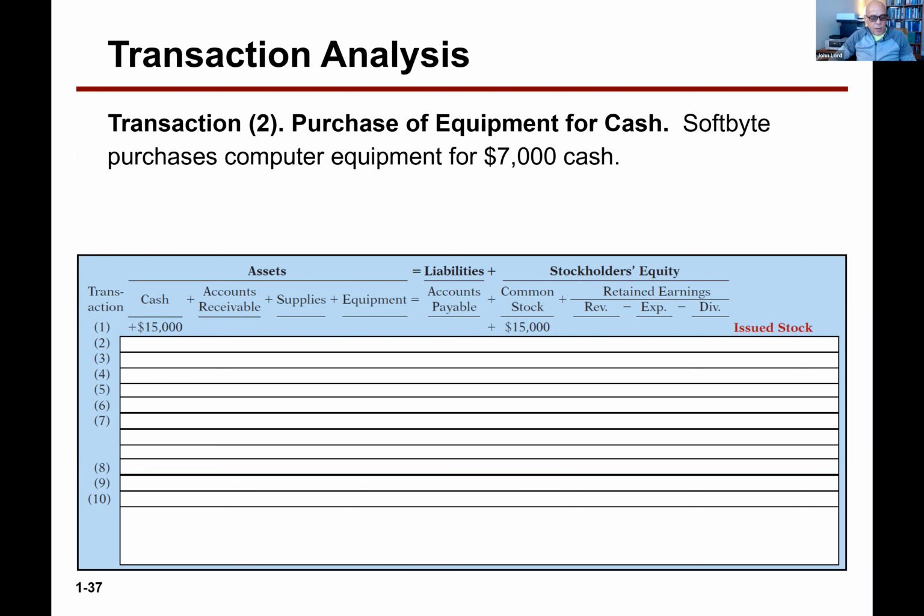If I purchase equipment with cash, is my cash going to go down? Yes, my cash will go down. What will go up? Equipment. Good. The equipment goes up 7,000 and the equation stays in balance because everything happened on the asset side of the equal sign.